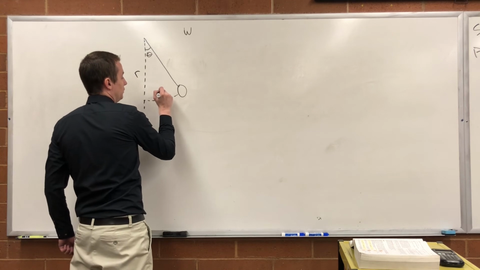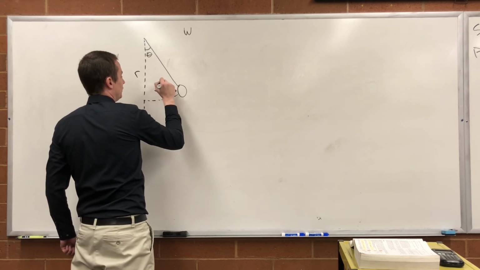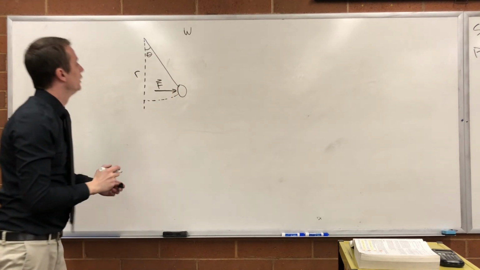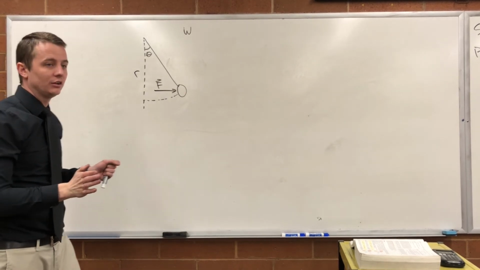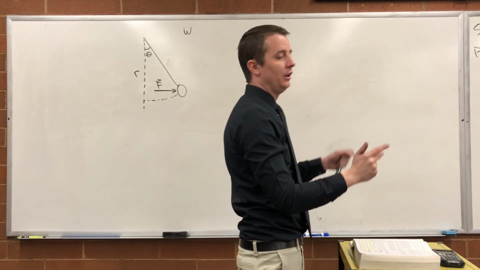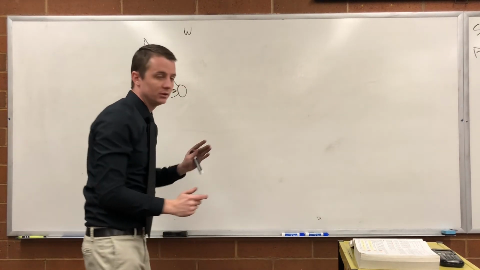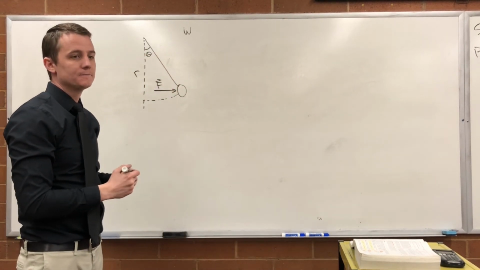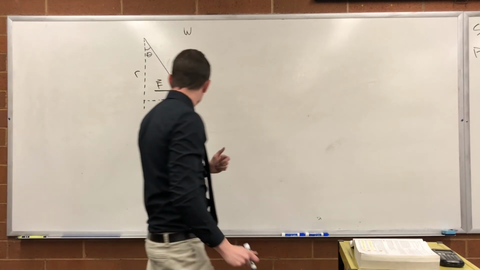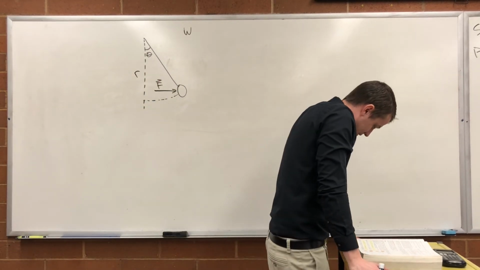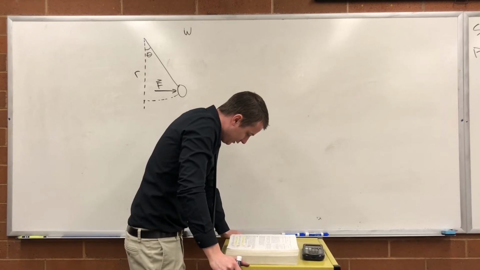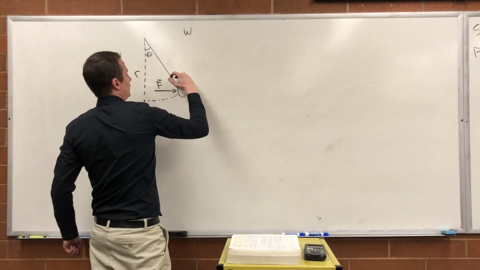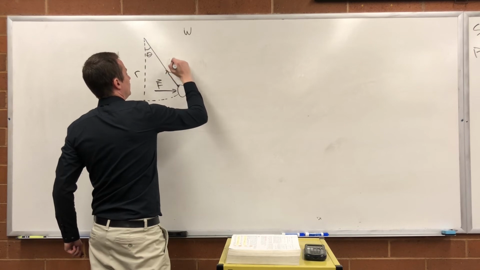You're pushing on him with the horizontal force F. Your force starts out at 0 and then gradually increases and increases, keeping him moving with a constant speed up. And then obviously there's tension here in the chain.